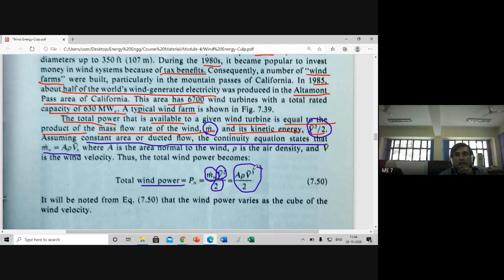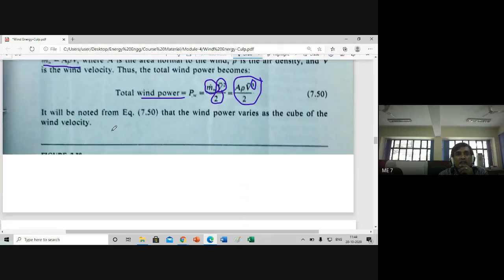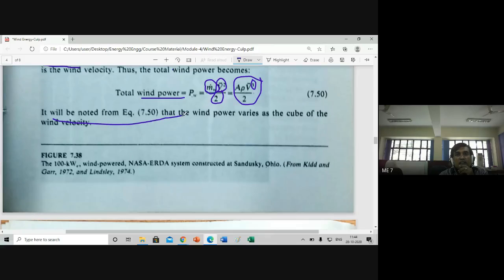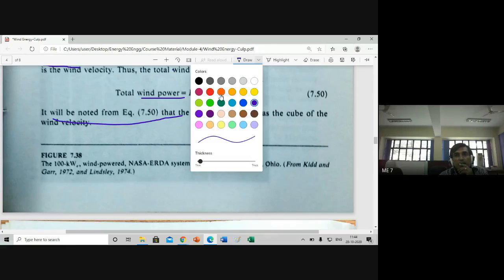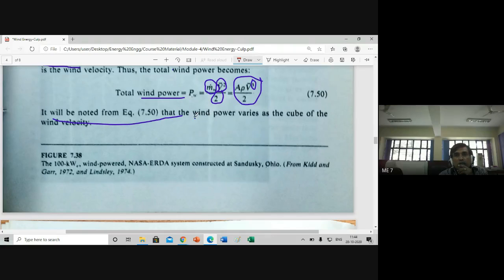Look at this term, to the power of 3. It will be noted from the equation that wind power varies as the cube of the wind velocity.